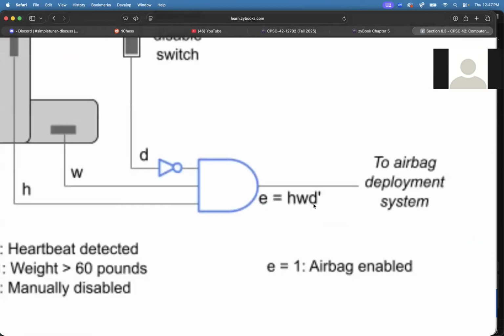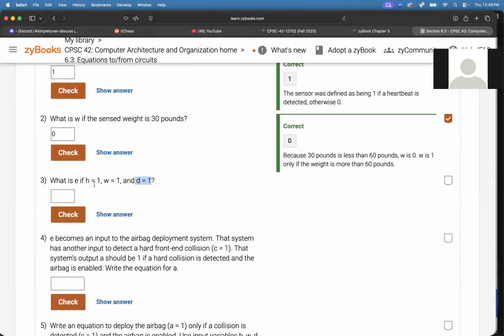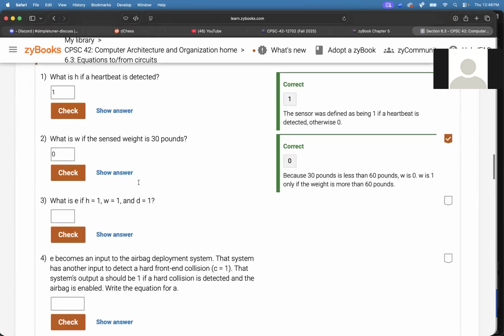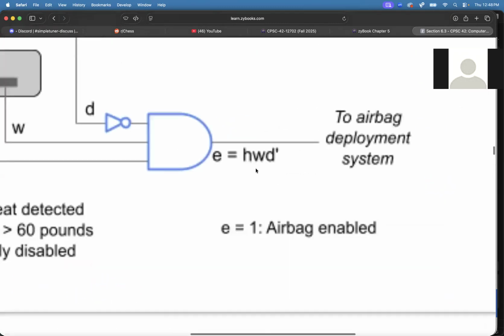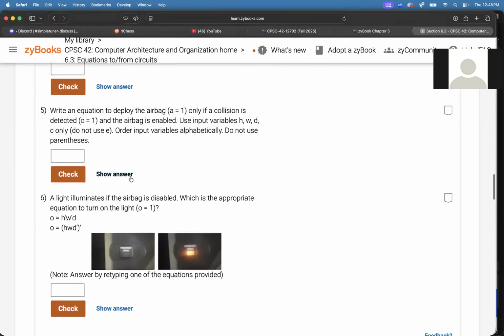E equals HW, not D. So if you have H1, W1, D1, then this is 1, 1, not 1. So the not 1 is going to be a 0. So this is 1, 1, 0. But as long as there's a 0 involved in an and, the result is going to be 0. So the airbag is not going to be enabled. We're going to get a 0.